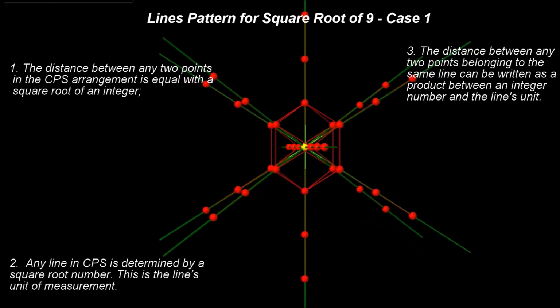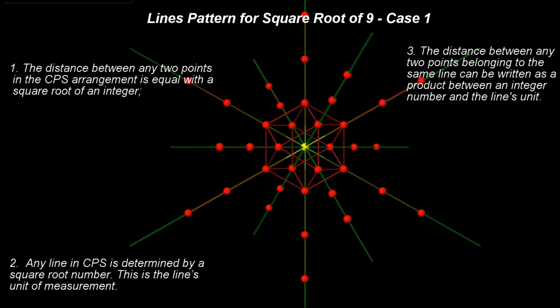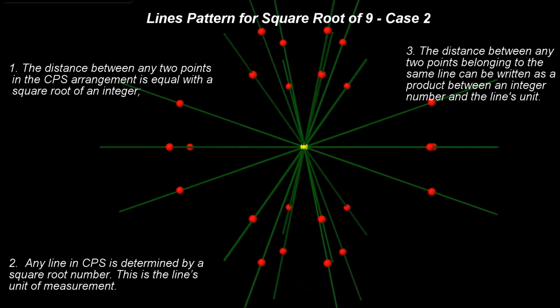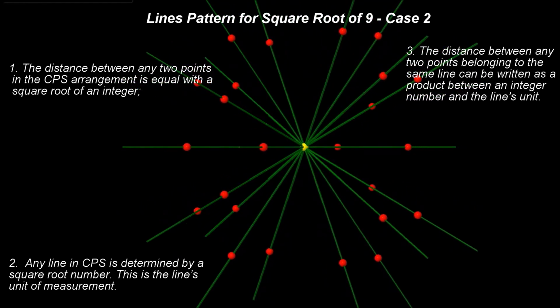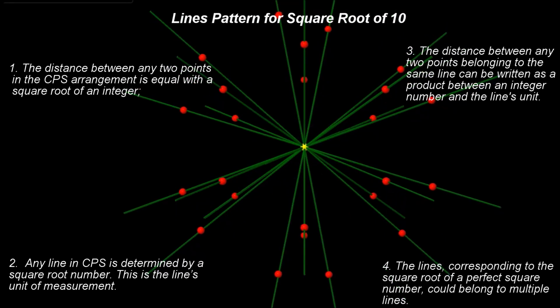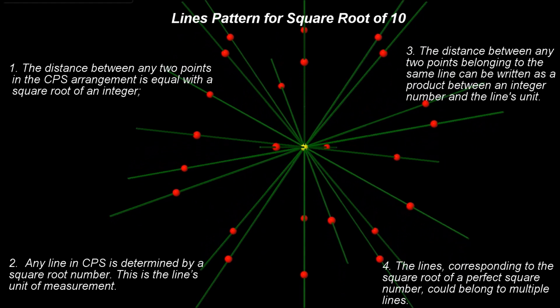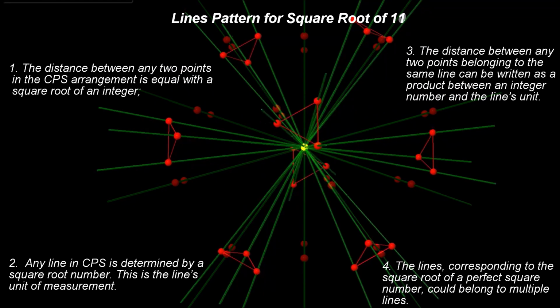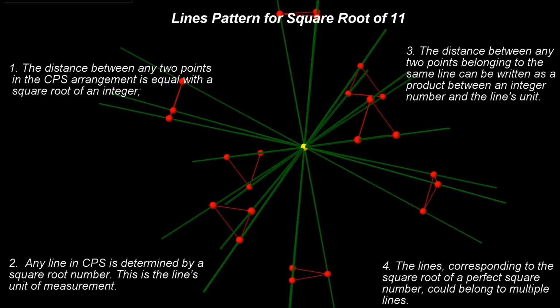The distance between any 2 points belonging to the same line can be written as a product between an integer number and a line unit. 4. The lines corresponding to the square root of a perfect square number could belong to multiple lines. See for example the lines corresponding to the square root of 9.